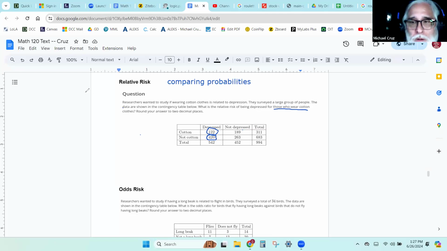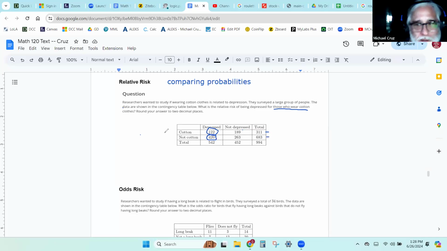All right. So we want the probabilities. So what we're using then is these denominators, the total of cotton and not cotton.